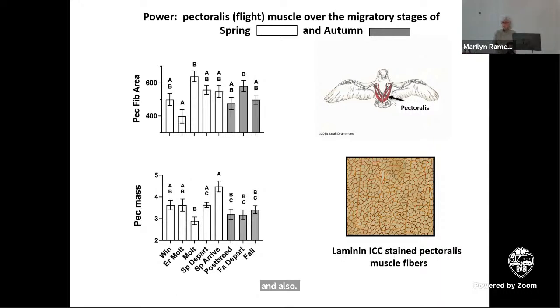When birds start to increase in mass, a lot of people have shown that birds in cages show increased muscle mass with increased body mass. But training itself, flight itself, is going to have an impact. You go into the gym and you work out steadily day after day, what happens to your muscles?